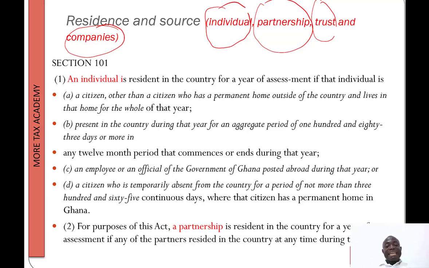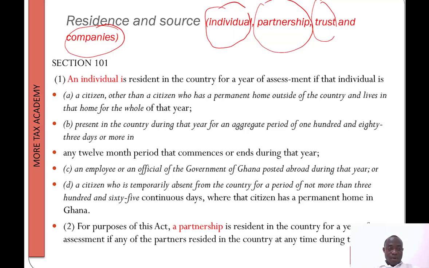So a citizen other than a citizen who has a permanent home outside of the country and lives in that home for the whole of that year, so the whole of the 365 or 366 days, you never step foot in Ghana, though you are a citizen. And citizenship is defined by the lawyers. You know, we have a Citizenship Act, so you must qualify to be a citizen. Then this one applies to you. So that's the first criteria for determining who a resident person or a resident individual is.